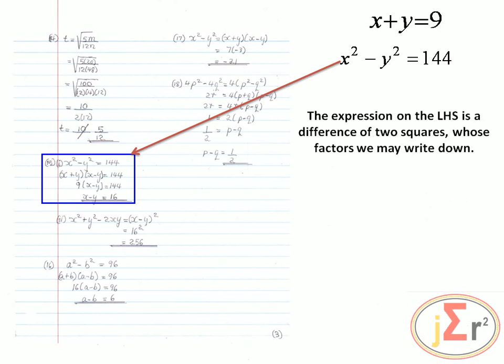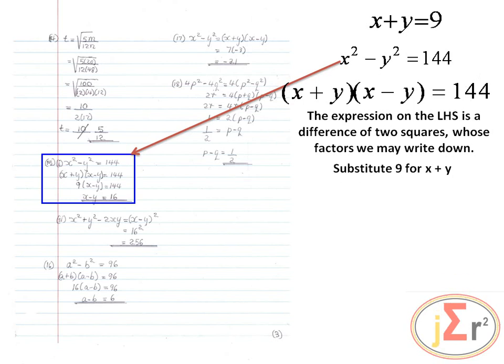The expression on the left hand side that we have right here is a difference of two squares, whose factors we may write down. So let us write down the factors: x plus y, x minus y. As a matter of fact, we made use of this very example on the previous slide. And additionally, we have that expression equal to 144.